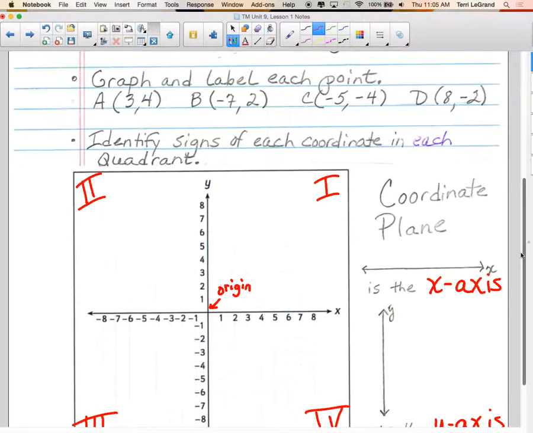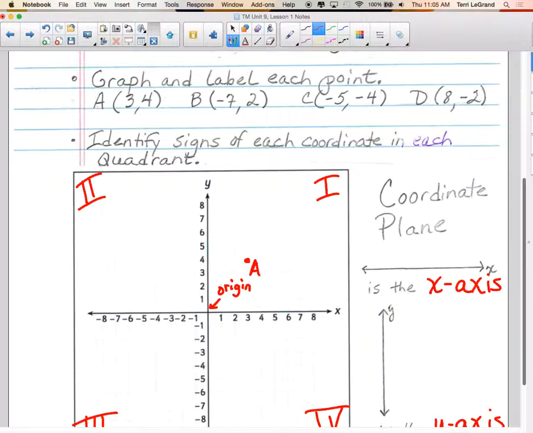We go up 4 and we put a point right there and we call it A. Over 3, up 4. You guys can probably see the lines on yours better than I can see mine, right? It should be at an intersection of some vertical and horizontal lines, shouldn't it?